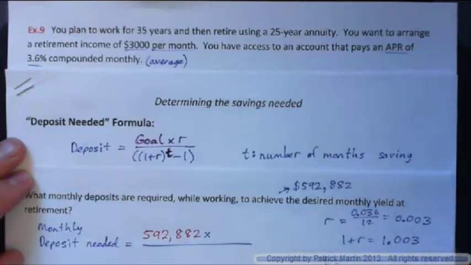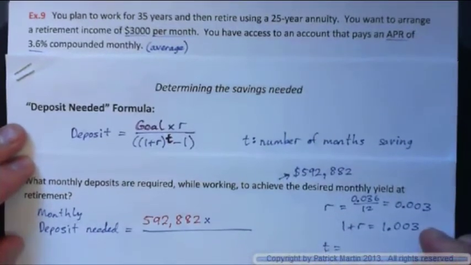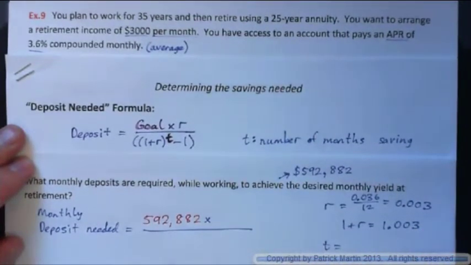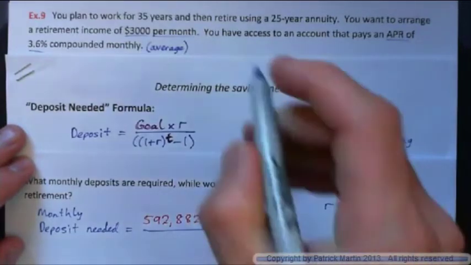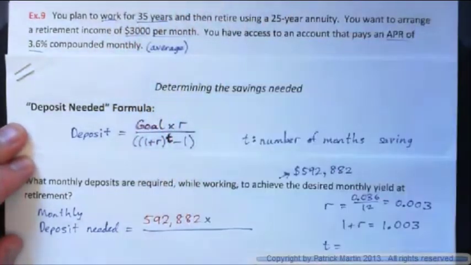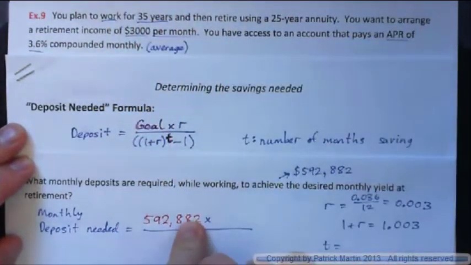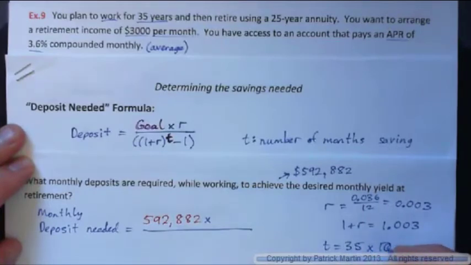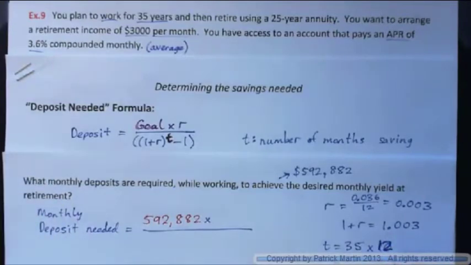Number of months that you're saving money. Okay? And what is the number of months we're saving money in this question? You're going to work for 35 years, that's when you're saving for the nest egg, right? That's the goal, the nest egg here, right? So we're going to work for 35 years, and of course got to times that by 12. Sorry, 12, not 10. Okay, so T equals, if you multiply that, 420, right?